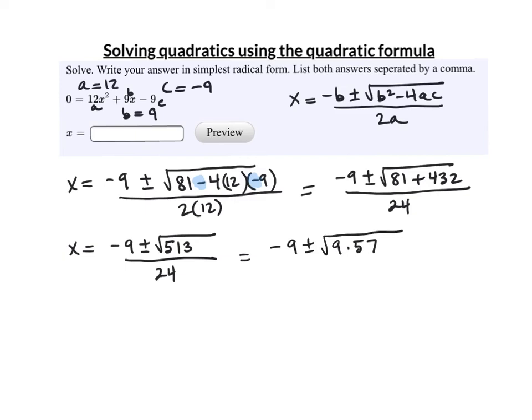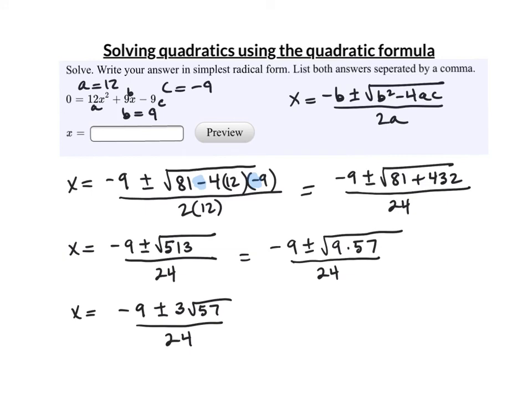It is divisible by 3. 57 divided by 3 is 19, but 19 is prime, so that's our biggest perfect square. So this ends up being negative 9 plus or minus, square root of 9 is 3, 3 root 57 over 24.